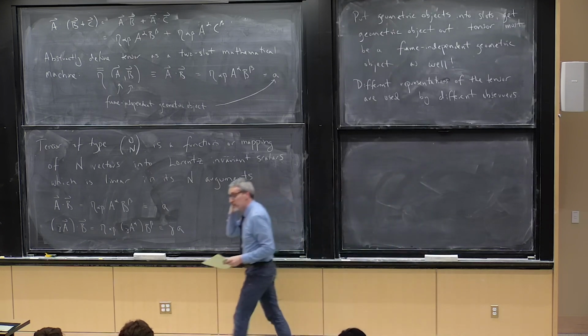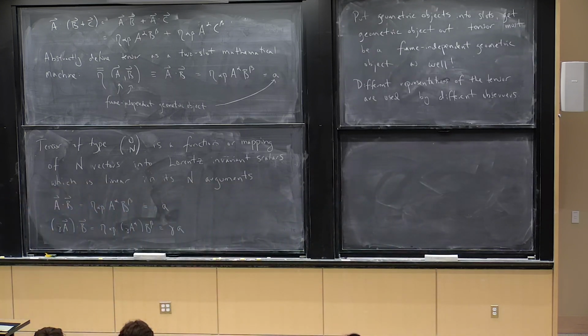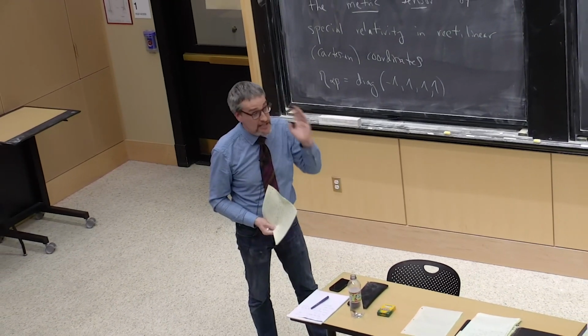So if you want to get a particular observer's components out of the tensor, there's actually a very simple recipe for this.